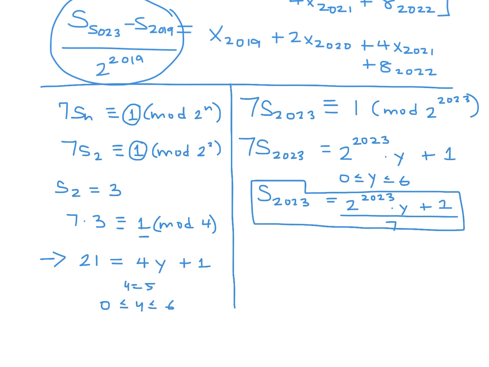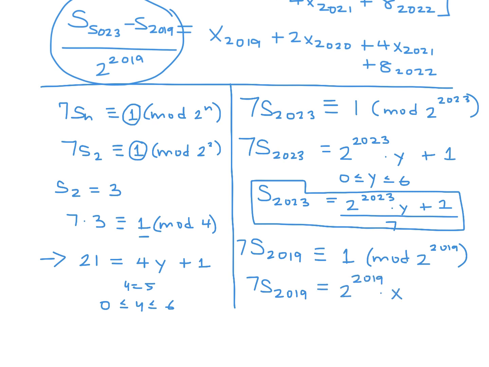And I think we'll do the same thing for the 2019. That's going to be 1 mod 2 to the power of 2019. And therefore that means that 7 times S2019 is the same as 2 to the power of 2019 times something. I'll just call it x. I don't know what it is. Plus 1.